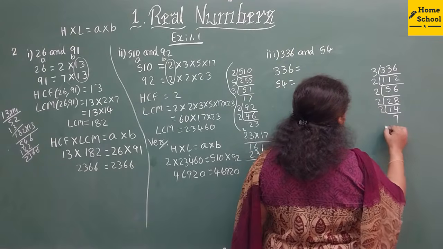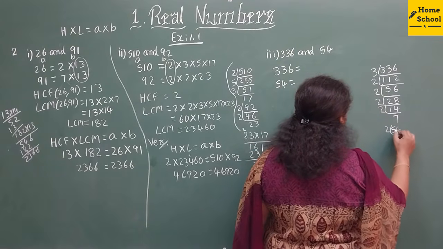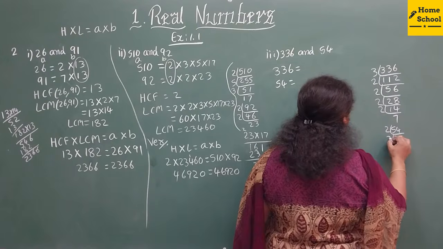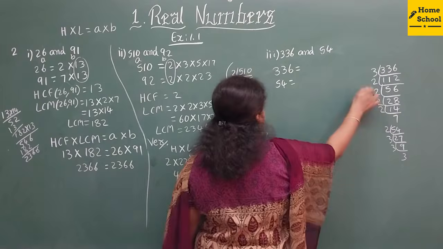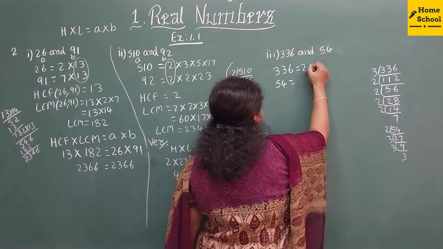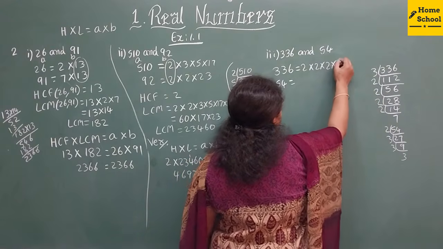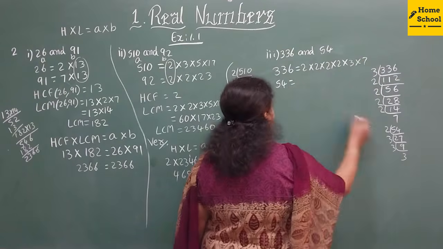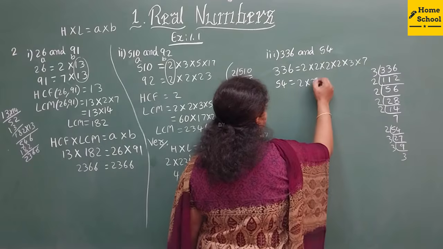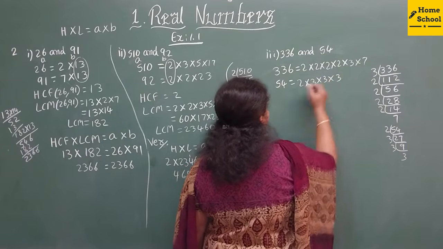Similarly, if I take 54: 2 2s are 4, 2 7s are, 3 9s are, 3 3s are. Now write this with the small numbers: 2 four times, and then 3 into 7. And now this one: 2 into 3 into 3 into 3.